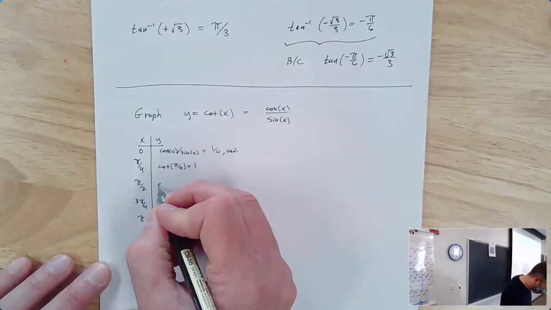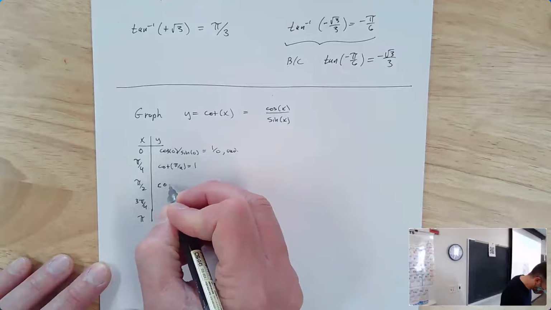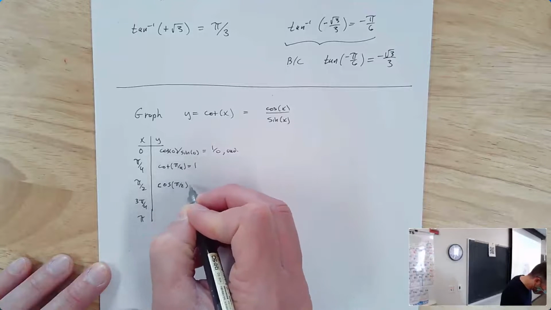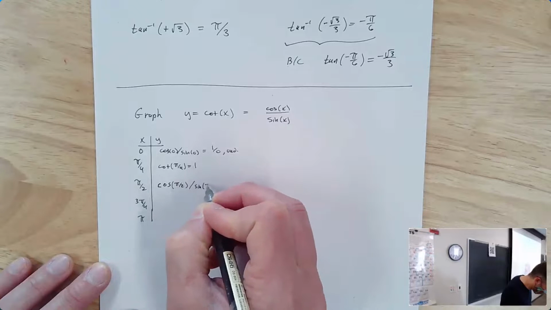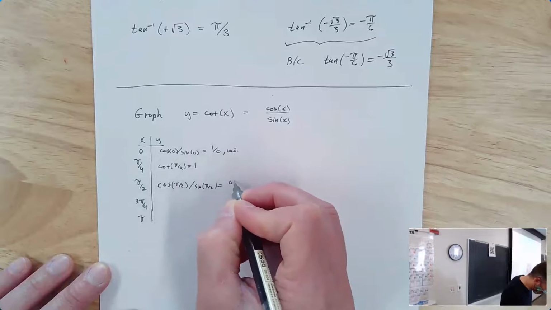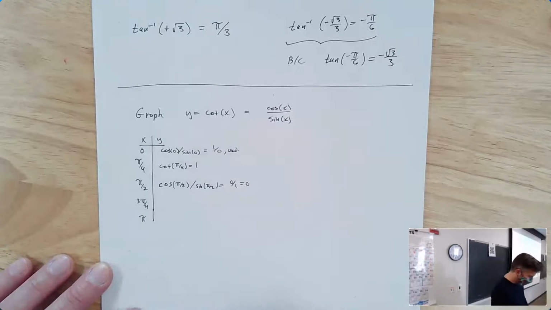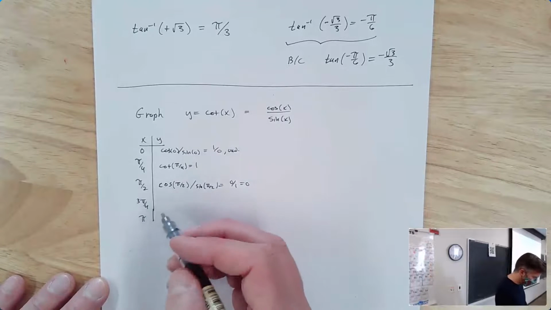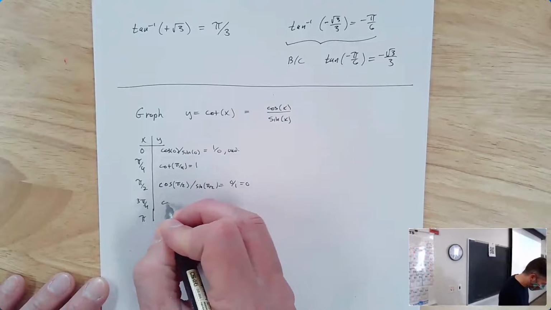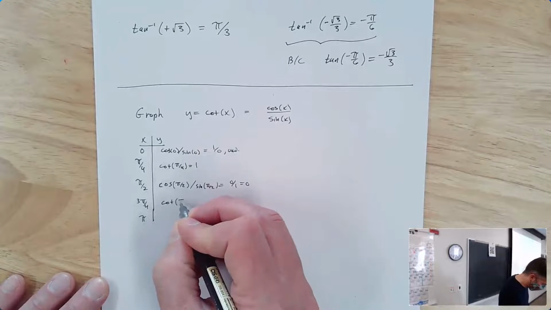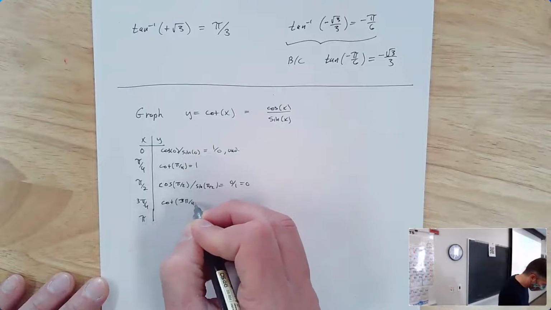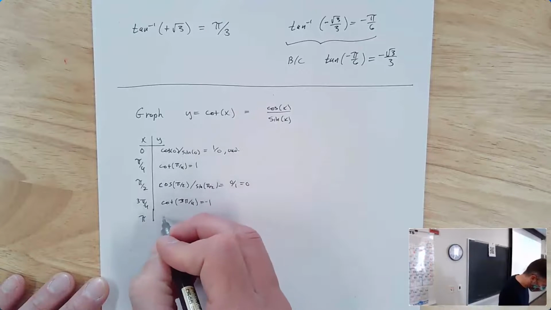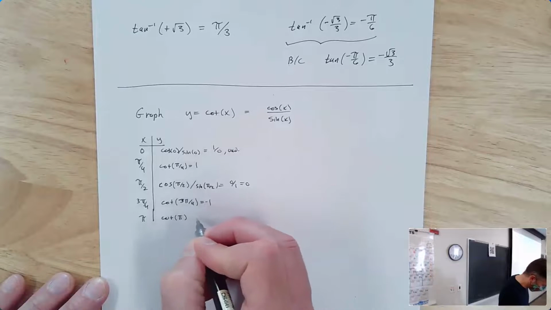And cotangent of pi over 2 is going to be cosine of pi over 2 over sine of pi over 2, which is 0 over 1, which is 0. And then in quadrant 2, we get the same values, just negative. Cotangent of 3 pi over 4 is going to be negative 1. And cotangent of pi is going to be undefined as well.